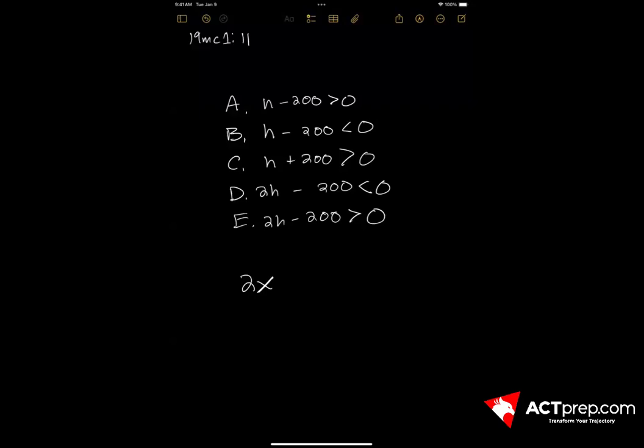We also know that she has $200 of costs per month. And so whatever amount of money she brings in needs to be greater than 200 for her to make a profit.